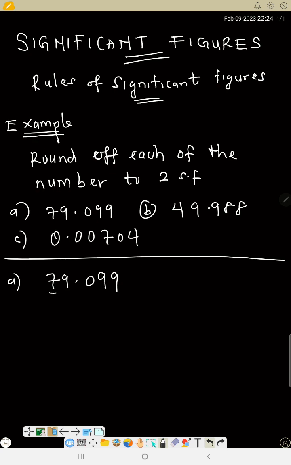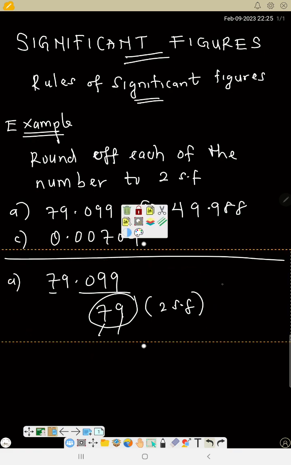So two numbers, this is two significant figures. So that means my answer is 79. You don't need the point again because you just have two numbers, and that is two significant figures.